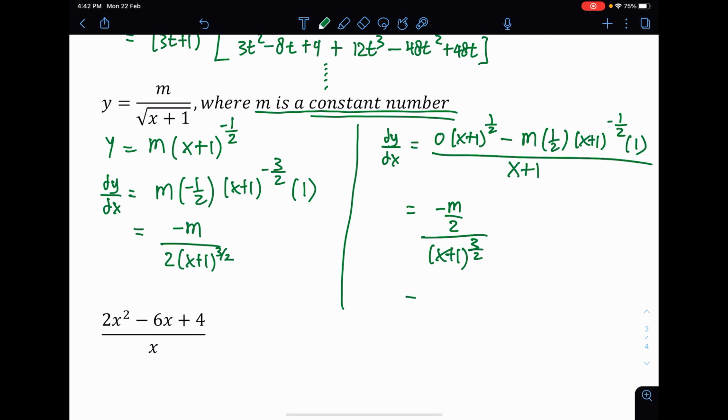I move it by indices, and finally I can simplify it into this. I think we have the same result here. Actually I don't really have any preference, but quotient rule usually is a bit more difficult. The result is the same, so whichever method you are using for this question is totally fine. On the left I'm doing chain rule, on the right I'm doing quotient rule.